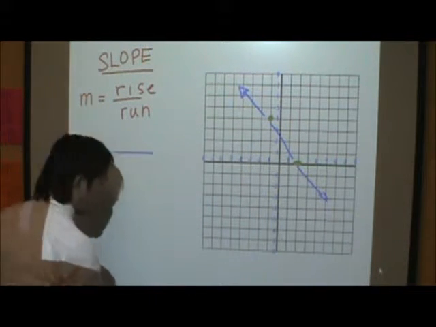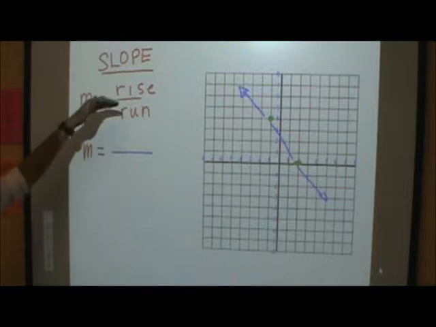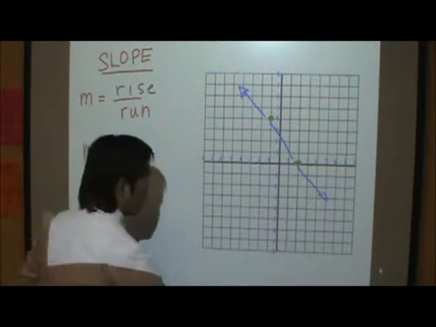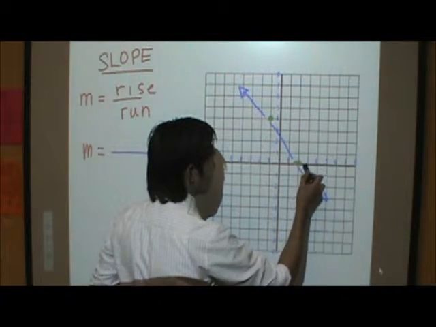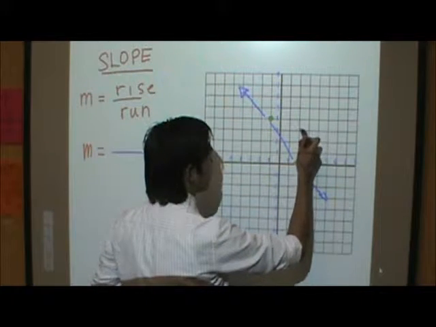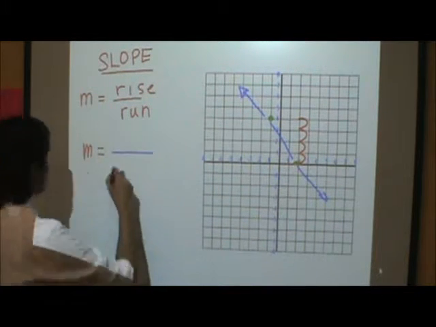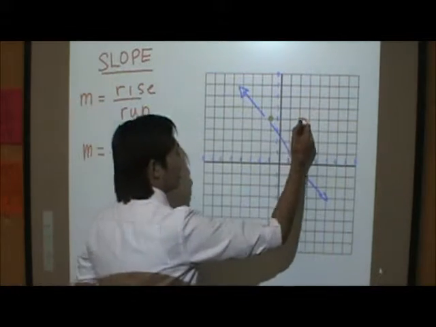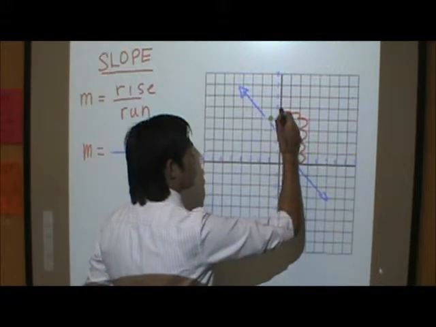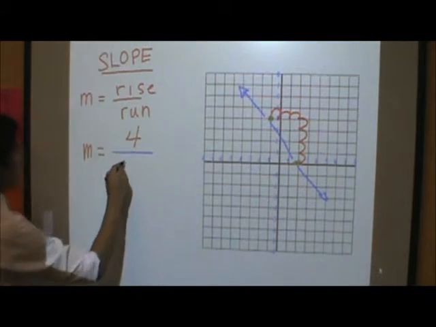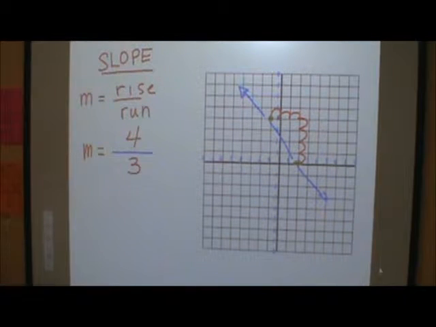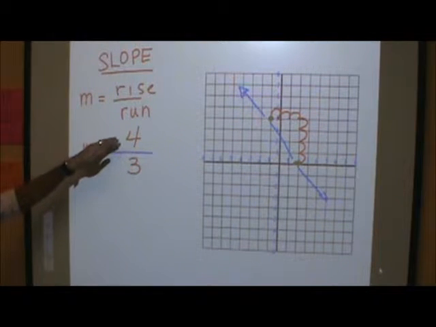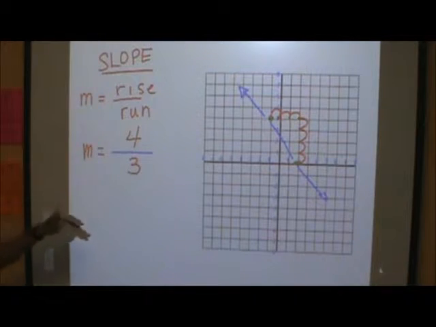Once again, you can always apply the rise over run from the bottom. Just count the number of rise: 1, 2, 3, 4. Then the run: 1, 2, 3. Rise is 4, and the run is 3.